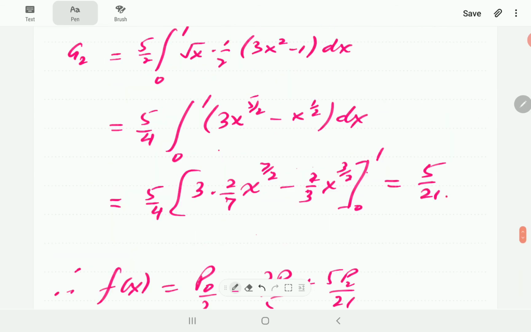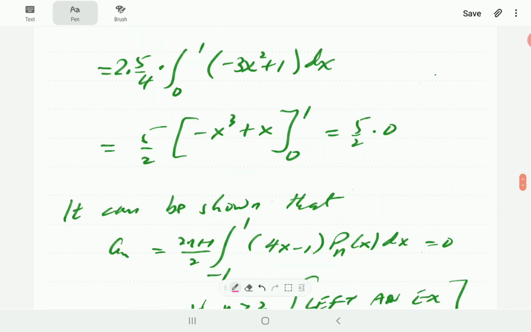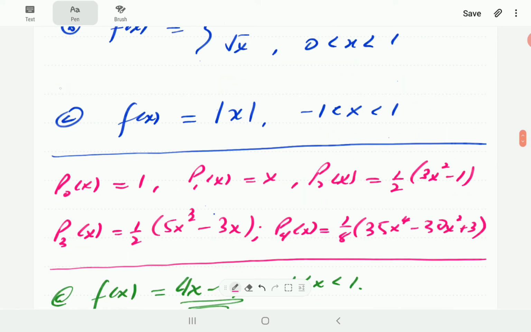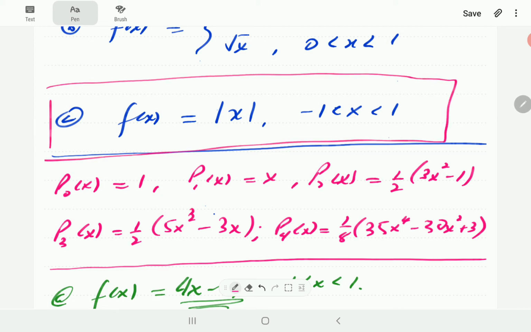All right, what we are going to do now is give you an opportunity to have a go at this part C. Just pause the video and work through it. And then when you press play, you can compare with our solution.